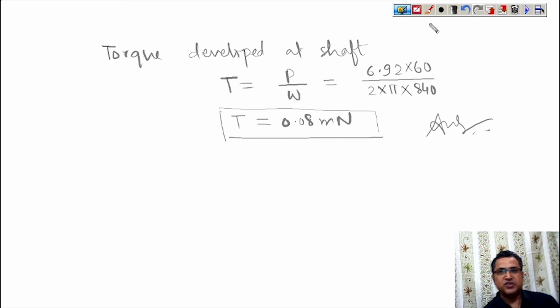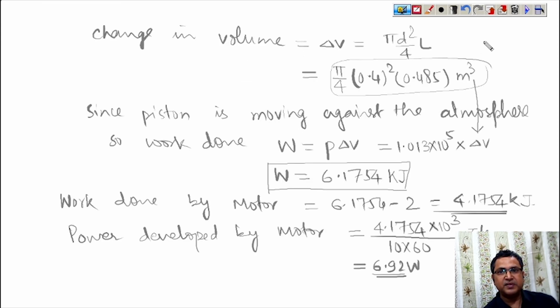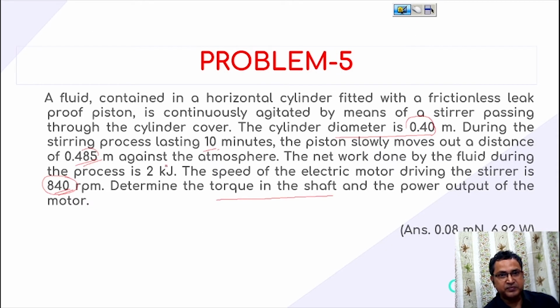So this is the question in which you have to first find out how much amount of the work has been done by the motor, because this much amount of the work has been done against the atmosphere, and 2 kilojoule work is being done by the fluid. So the rest will be done by the motor.